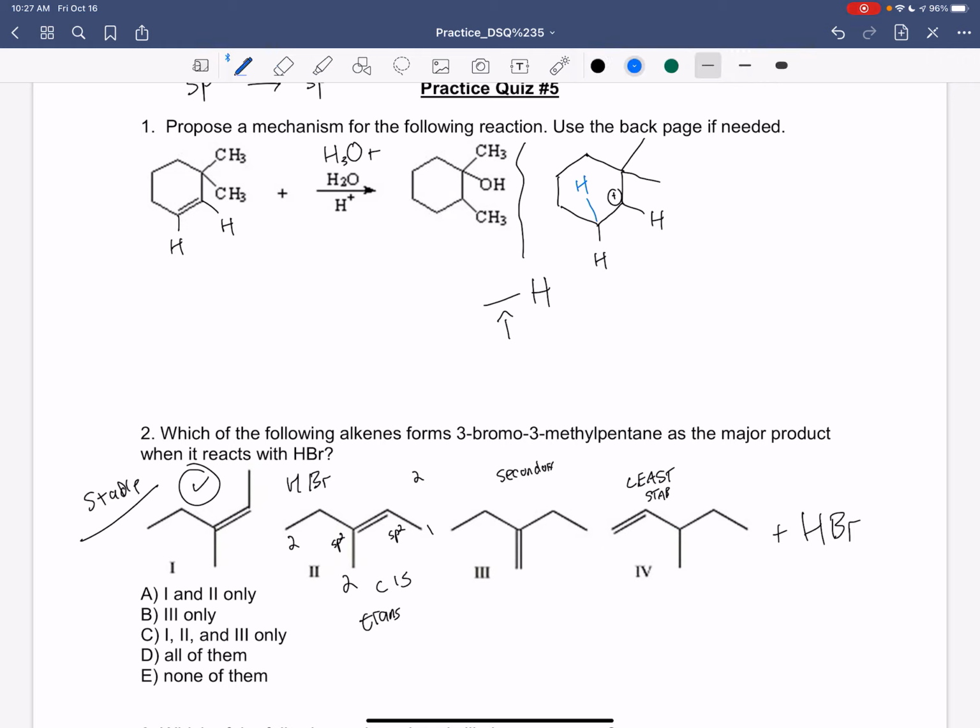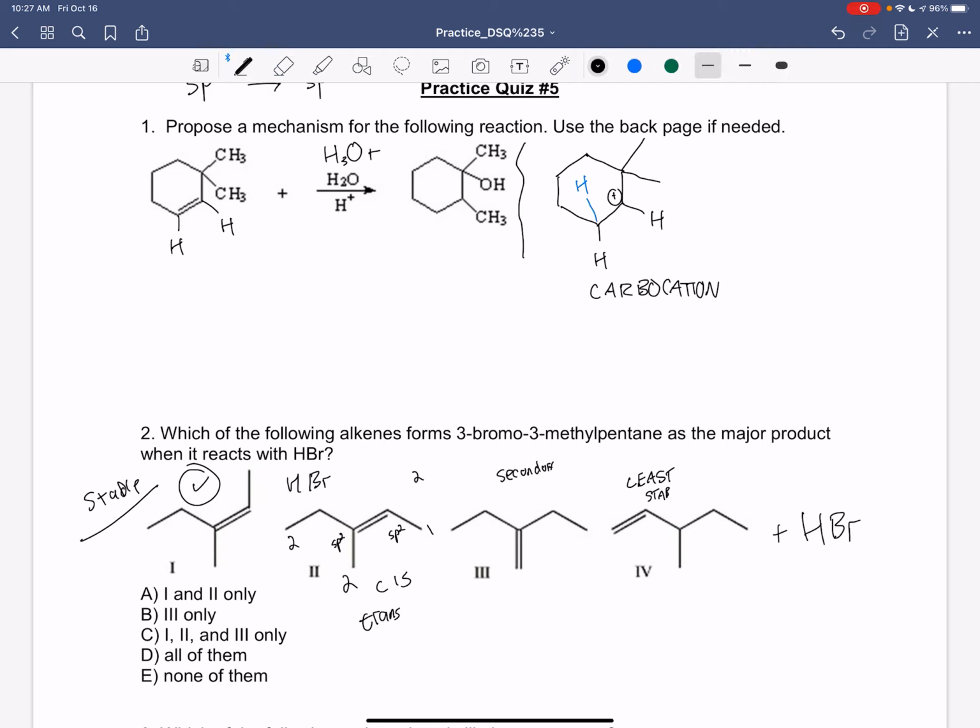Now remember, what we've created is called a carbocation. You have to ask yourself, can this carbocation be in a more stable formation?